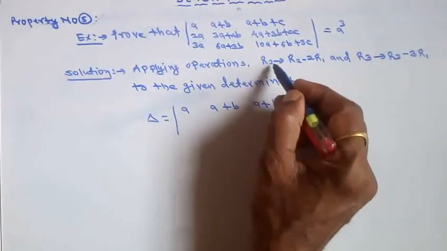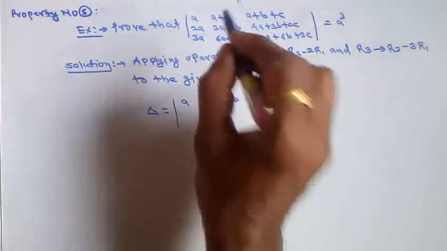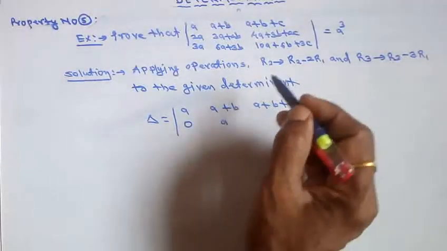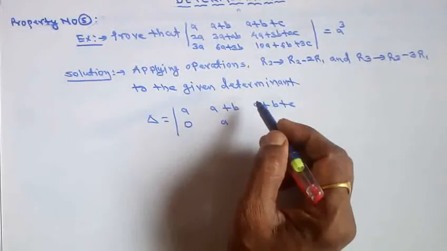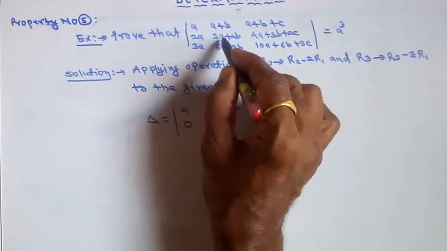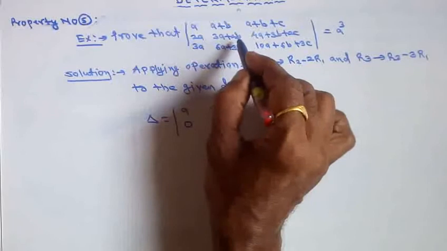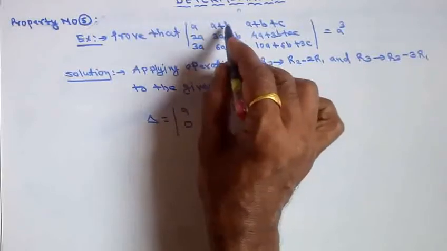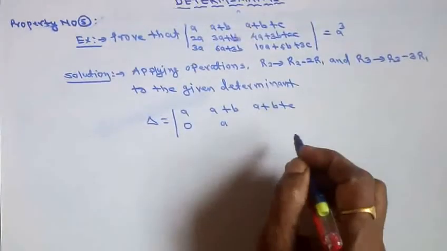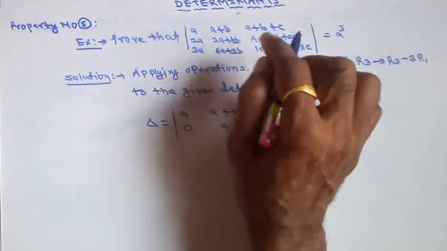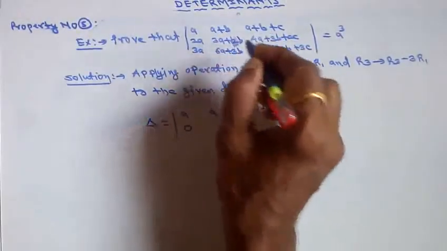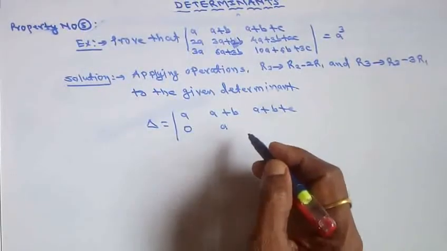R2 minus 2 times R1: this becomes 0, this becomes a, 3a minus 2a means a, then 2b minus 2b is 0, so you get here a only.